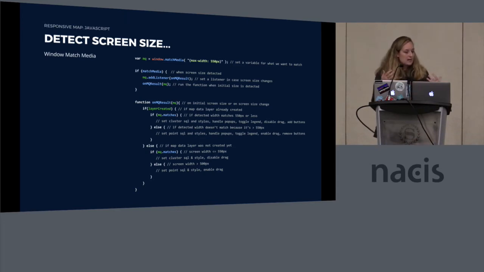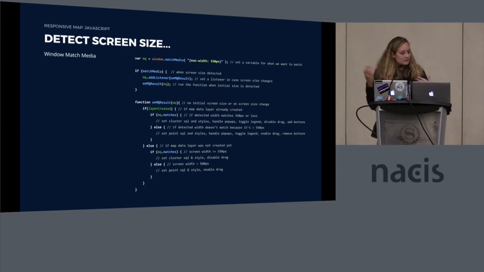So keeping in mind that our map's data layer is made from a SQL request that gets styled, you can use window functions that trigger other JavaScript functions that will set that SQL and set that CARTO CSS. In this map, we were looking for a screen width of 550 pixels or less, which would indicate the person is viewing it on a smaller screen like a mobile phone. When that was found via window functions, we knew to set a SQL query that generated those clusters, and then we applied feature styles by cluster bucket.